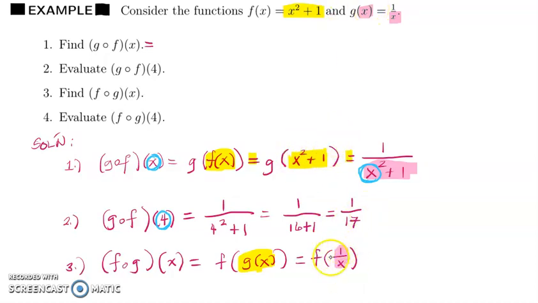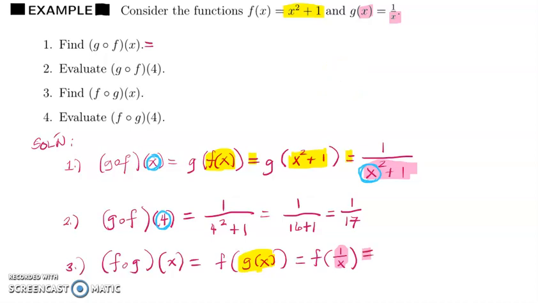Ngayon naman, whatever is inside the parentheses, yun na ang i-replace natin ngayon dito sa f na ito. Okay, so f. So, ibig sabihin, lahat ng x dito sa f of x, papalitan natin ng 1 over x.